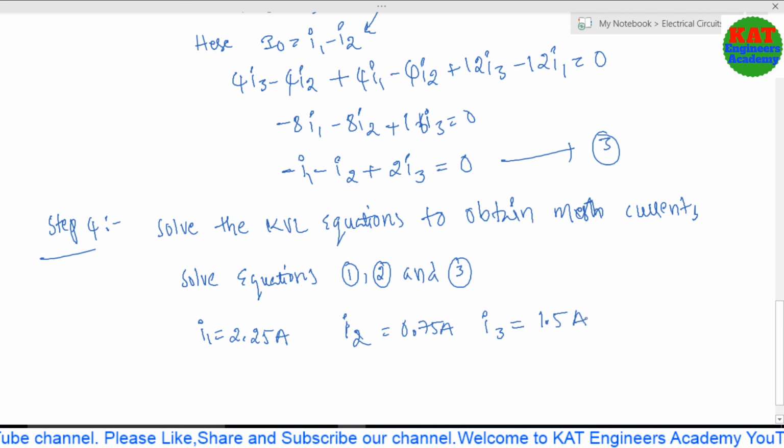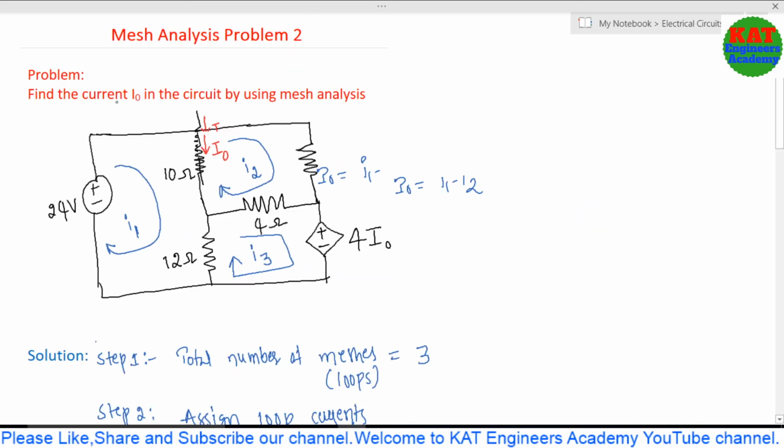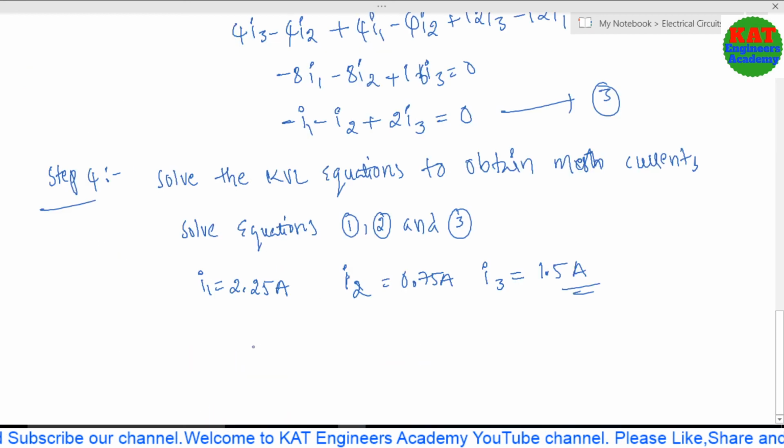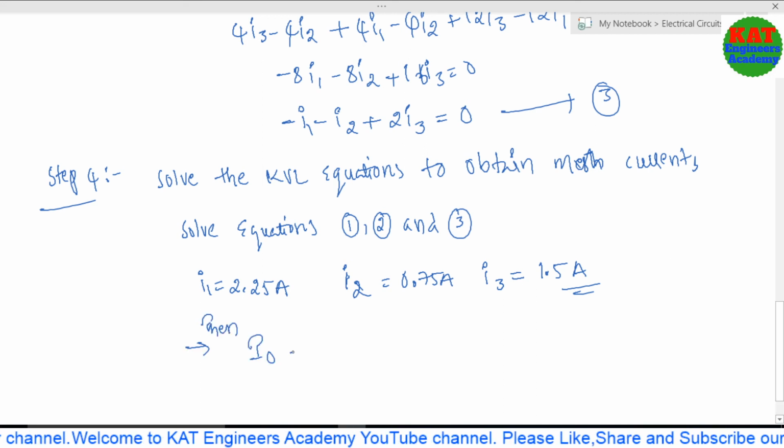Okay friends, the determination of mesh currents is over, but our question is not only the mesh currents, we need to determine I0. I0 we already said is I1 minus I2. So capital I0 equals small I1 minus small I2.